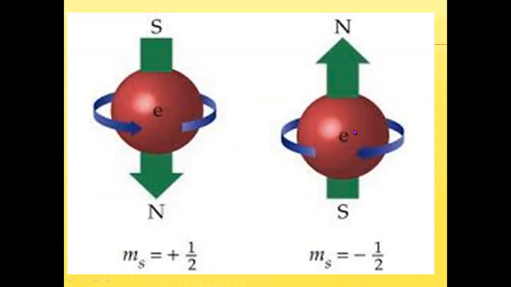This figure also illustrates the same thing. Spin quantum number can also be denoted by ms. That means those two symbols are there. Either you can represent it with s or ms. This is anti-clockwise direction, plus half for the quantum number, and this is clockwise direction, minus half.